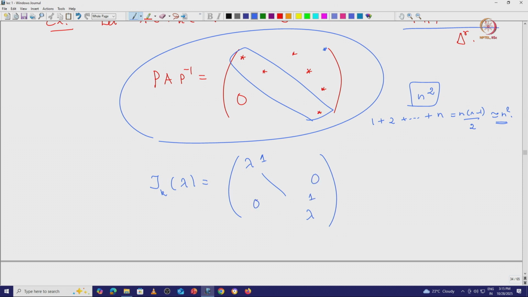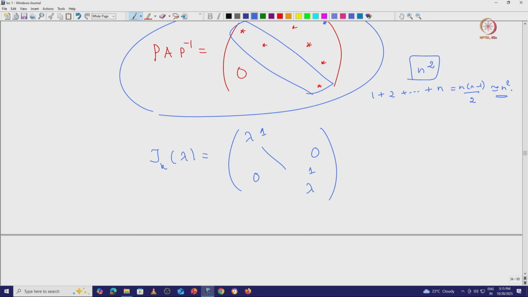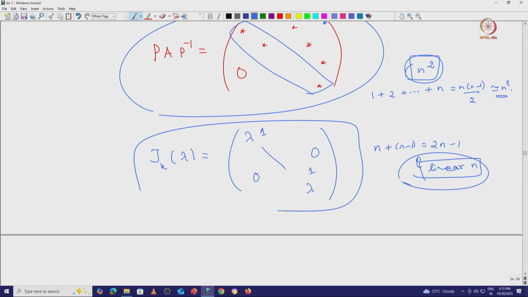Now, the maximum number of non-zero entries here is going to be n plus n minus 1, which is exactly 2n minus 1. So, this is indeed linear in n. We went from exponential in n to linear in n. That is the advantage of the Jordan canonical form.